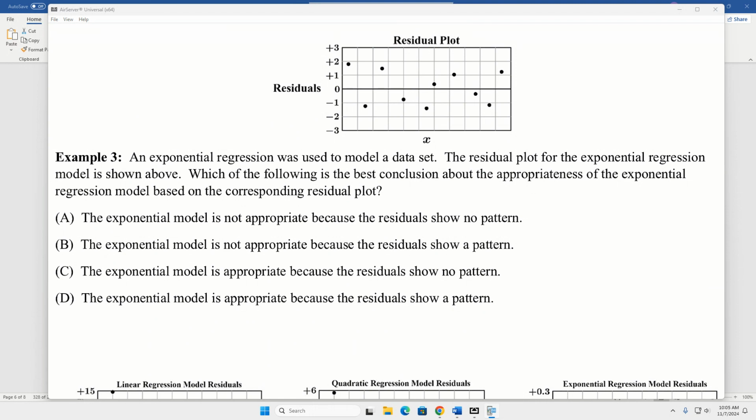The residual plot for the exponential regression model is shown above. Which of the following is the best conclusion about the appropriateness of the exponential regression model based on the corresponding residual plot? So do you see a pattern, or is this just kind of random dots? No. There's no pattern. So no pattern means appropriate.